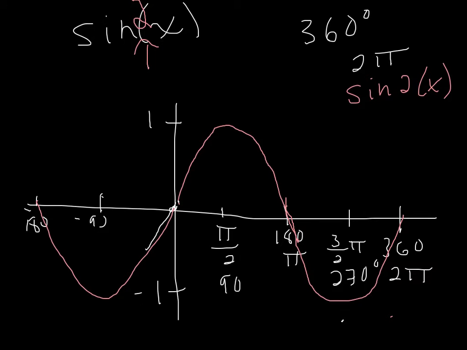So that would take the sine wave, and I'll draw this new one in blue. The maximum would be in between 0 and 90, right here. The minimum would be right here, and it's just going to compress it. Down here, and then up like that.